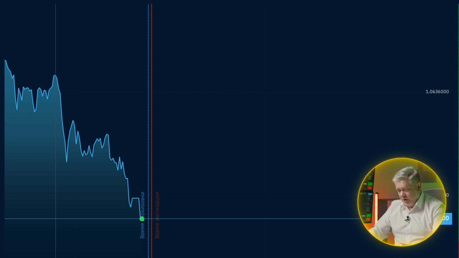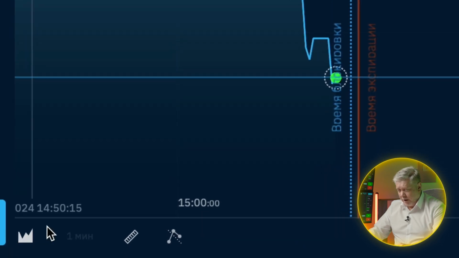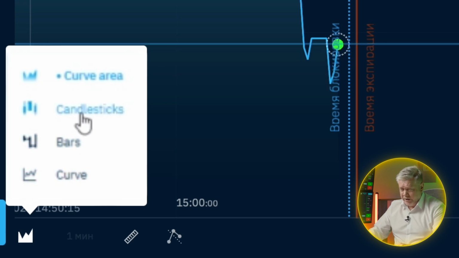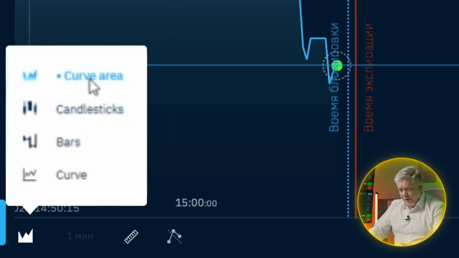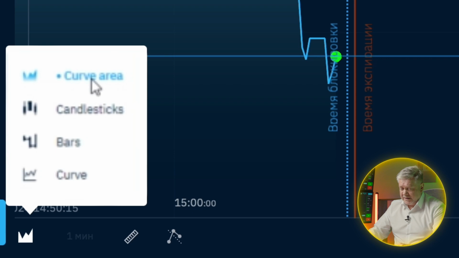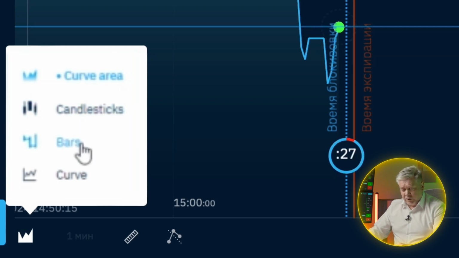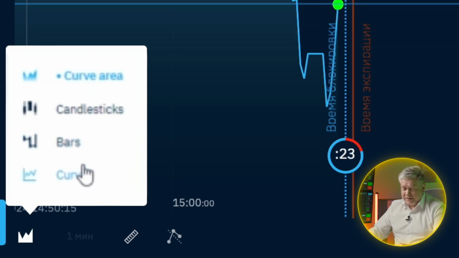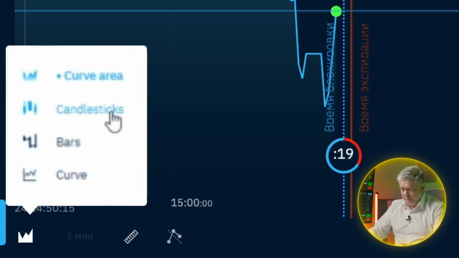Here in the left part at the bottom, we click on this icon and select a candlestick chart. Although, of course, in addition to the area chart, which is presented by default, you can see bars and linear charts here, I want to say that not only beginners but also professional market participants use the candlestick chart type.